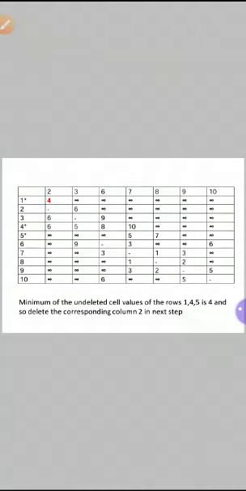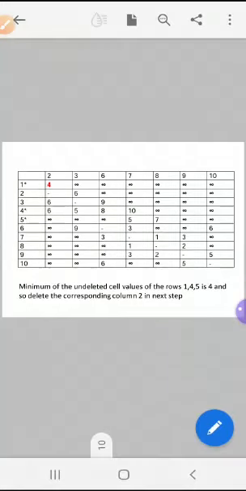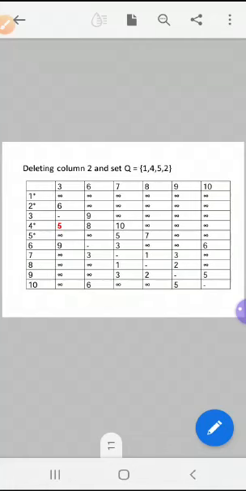Then for the next step, look at the rows 1, 4 and 5 and find the smallest number among them. Here the smallest number is 4. Therefore, in the next step, the corresponding column 2, delete the column 2 and mark the row 2 using a star.